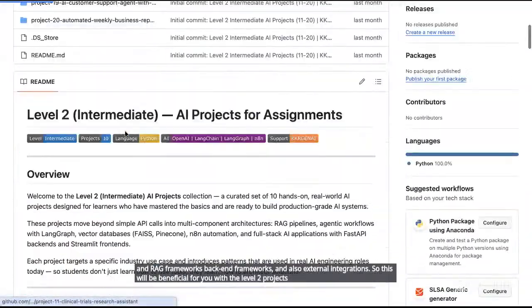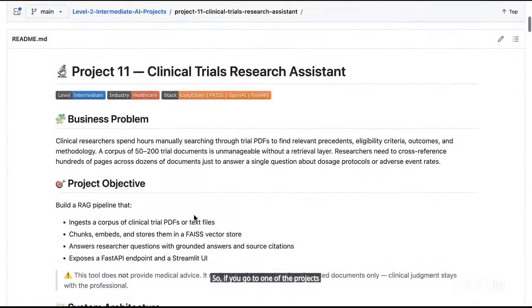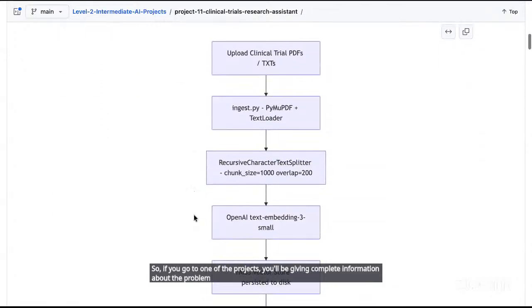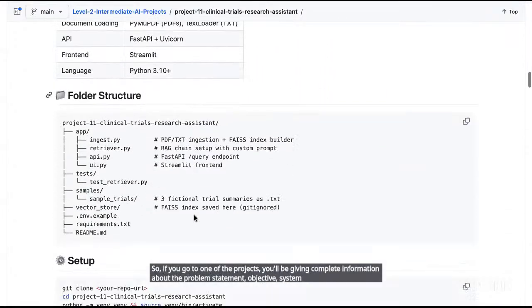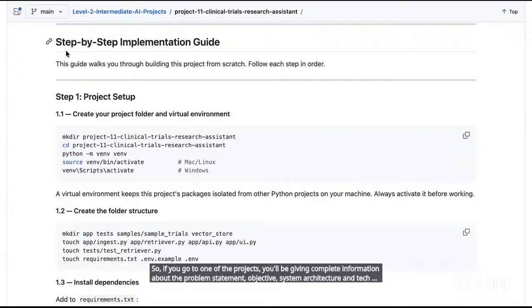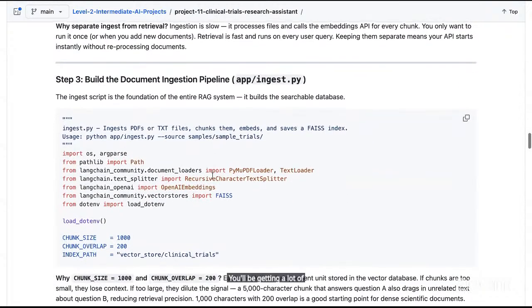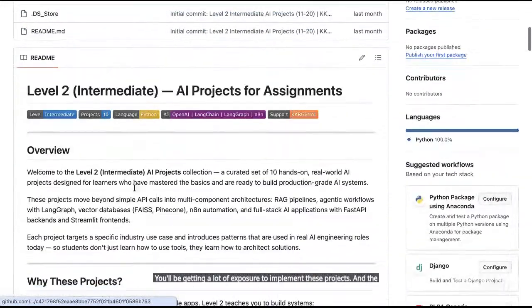If you go to one of the projects, you'll be given complete information about the problem statement, objective, system architecture, tech stack, and step-by-step implementation guide, so that you'll be getting a lot of exposure to implementing these projects. And the last level is the advanced level projects.